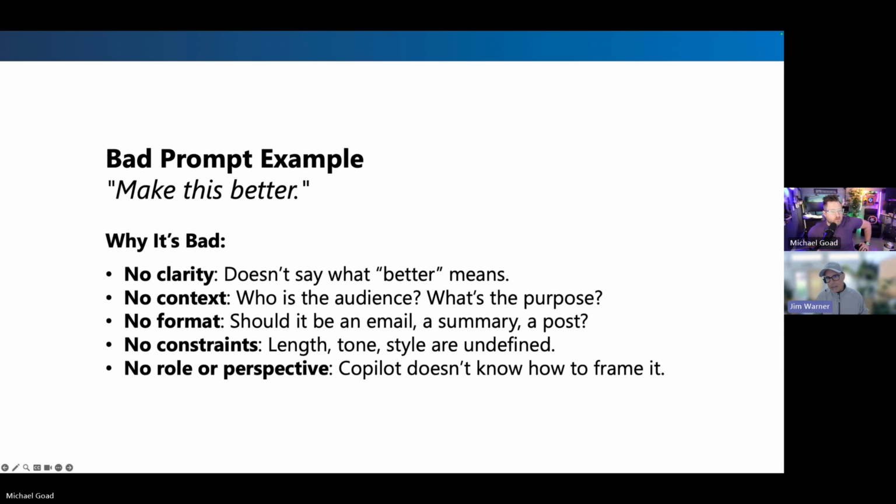It's just a guessing game, and it's going to give you vague information back. It's kind of like garbage in, garbage out, right? The good thing is you can iterate on that, but you want to have clarity. You want context. You want the format and defined constraints. And if you can add a role or perspective, that's going to be very helpful.